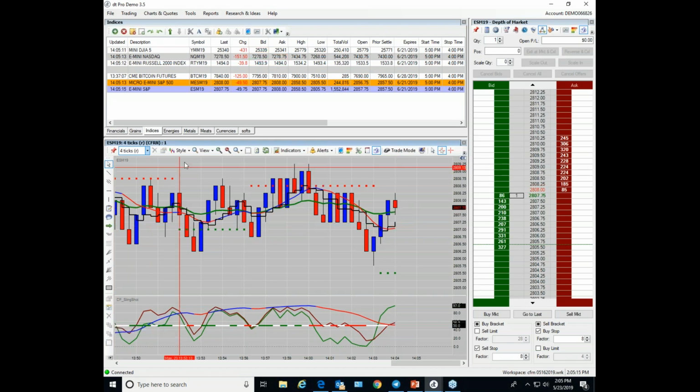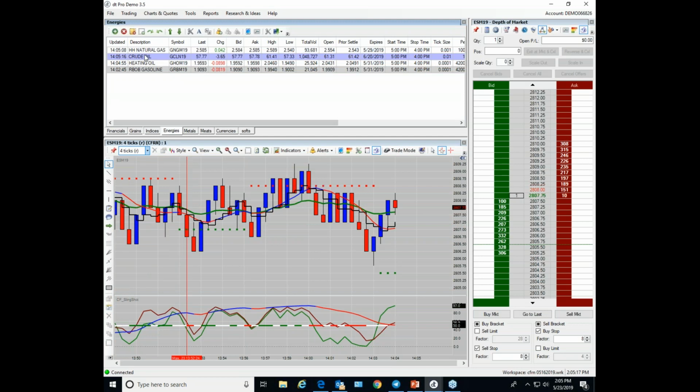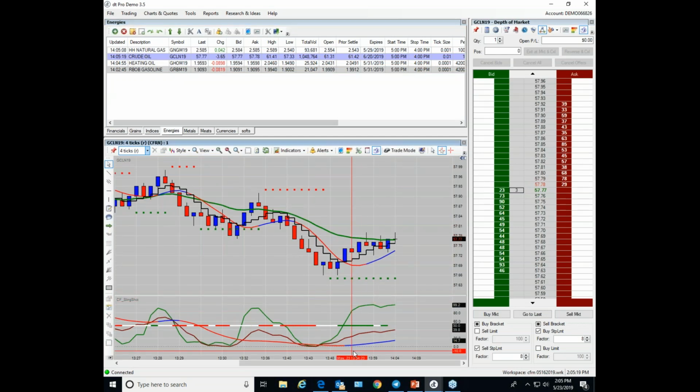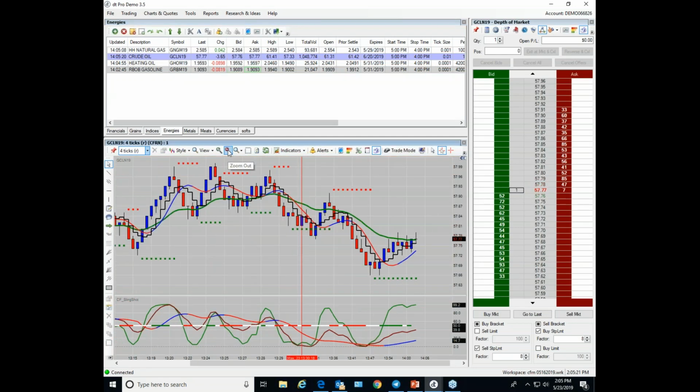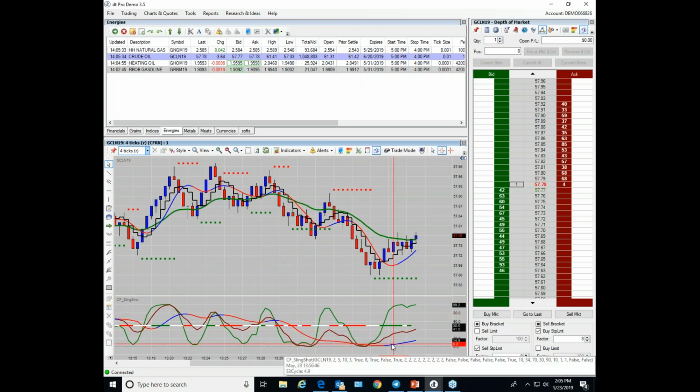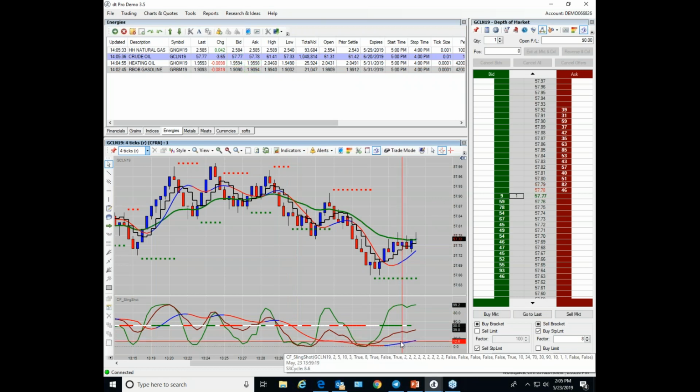The other thing to keep an eye on too is the cycle. If the cycle is a different color, what does that mean to us? The trend line needs to be drawn. A close above or below the trend line is required. But if it is a different color than the direction of the trend, that's one of the big traps that people fall into.